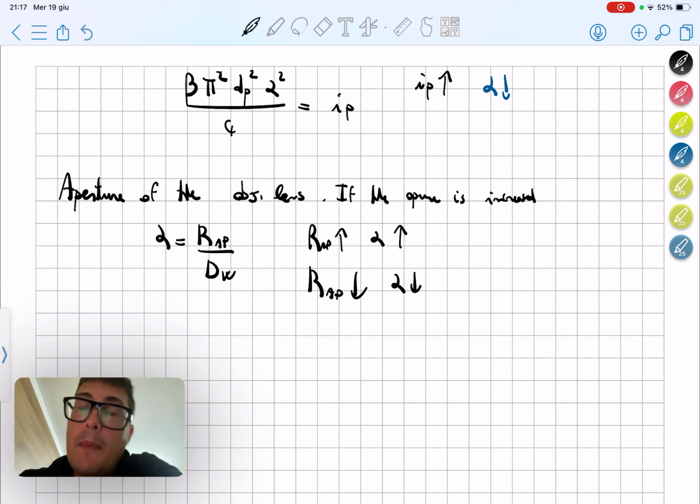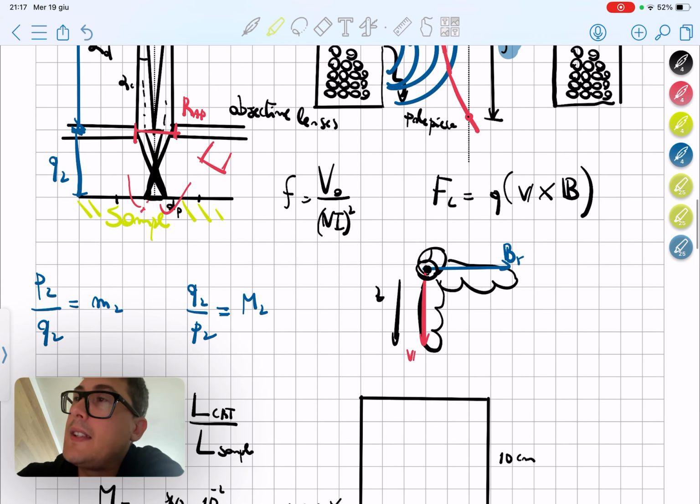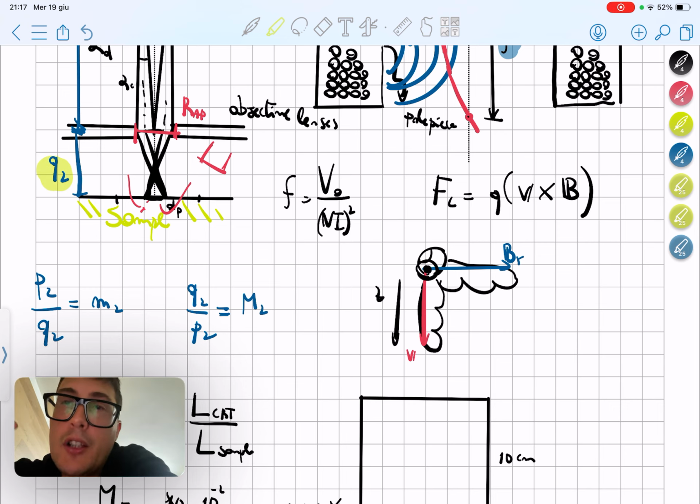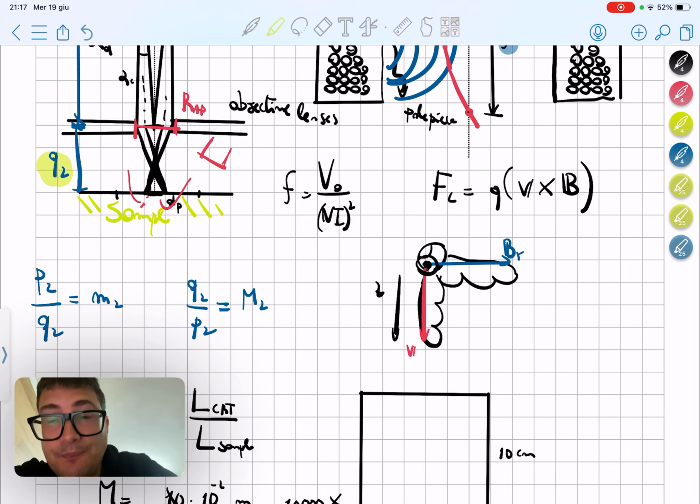The other parameter that a microscopist can change, besides the aperture, is also the working distance. What is the working distance? Working distance is actually this Q2 here. So we can increase the distance from the sample to the objective lens. This will make a bigger spot size, with more current.